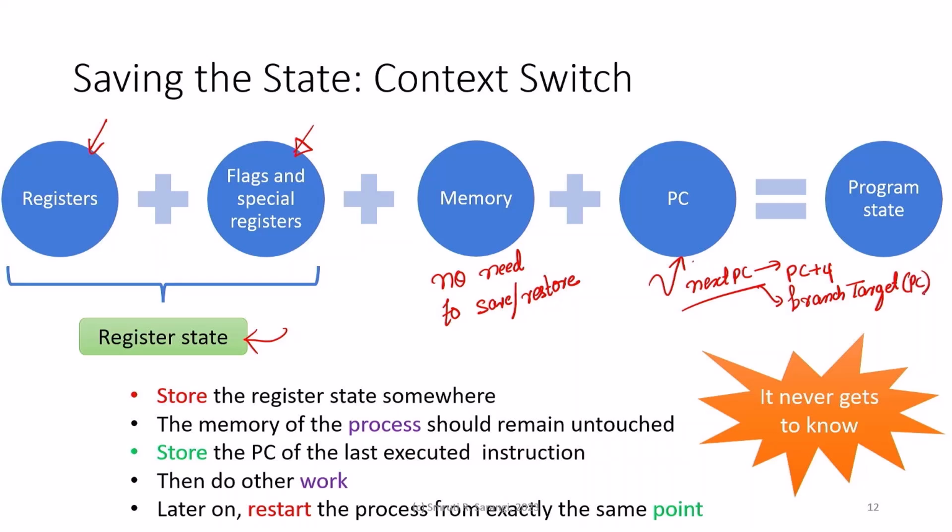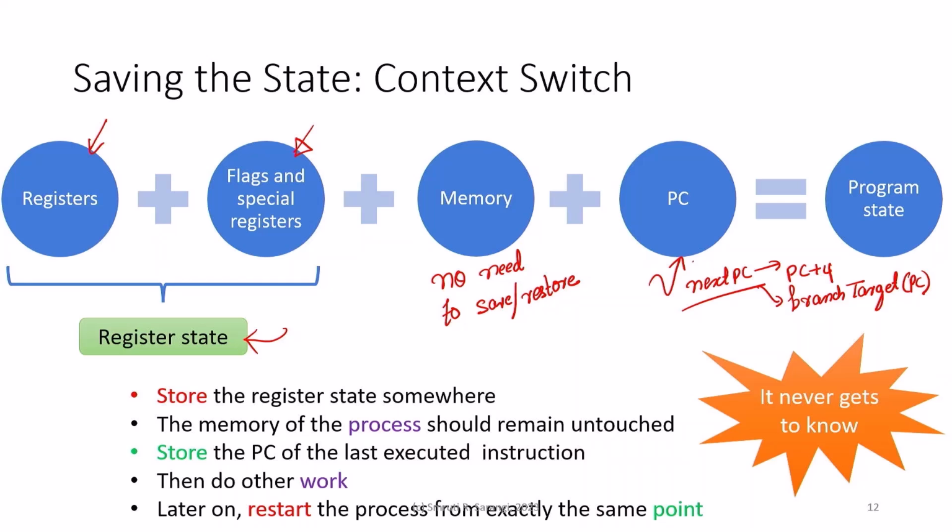Which basically means that maybe the current instruction is a branch and is branching somewhere else. So that somewhere else is the branch target. So the next PC, as I said, could be the one that just follows it in the program, or it could be the target of the branch.